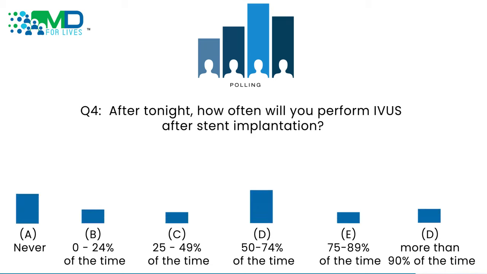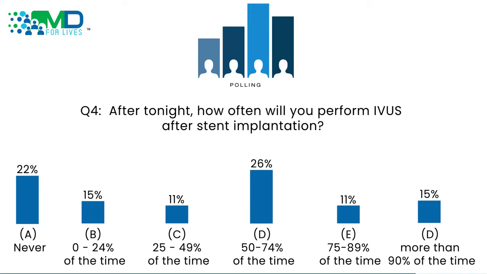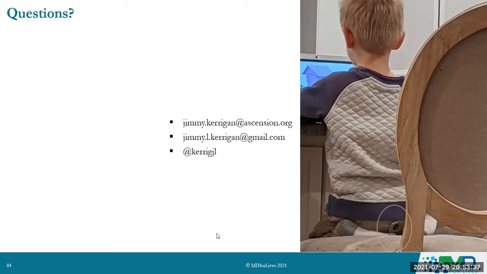Now we're at 19% and 22%. So potentially I've convinced some people that doing imaging matters. I think it matters. I use it 100% of the time, 99% of the time. If there's a curly Q in the LIMA, I don't put it down a LIMA to IVUS the LAD. But yeah, so I'll stop there.